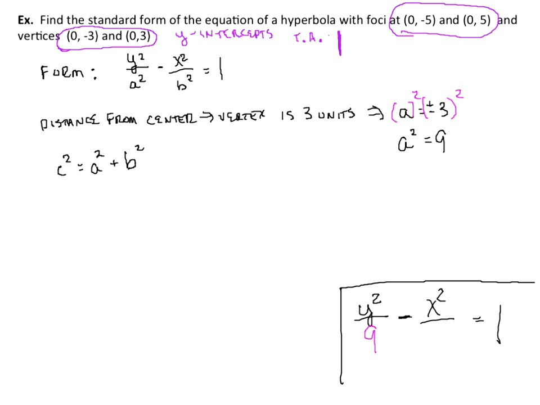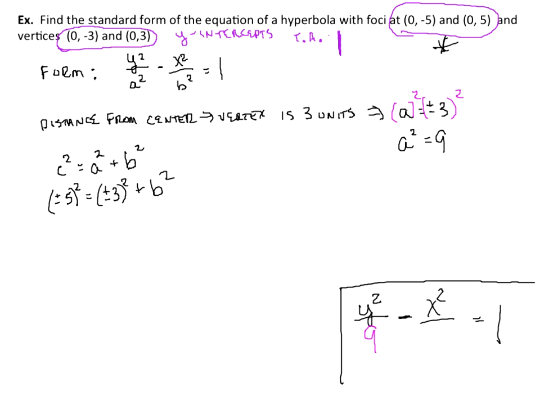Once again, that rectangle makes sense once we start talking about graphing it. All right, so we can get a c squared value because we know where our foci live. So our foci are 5 units in both directions, so this is positive or negative 5 squared equals positive or negative 3 squared plus b squared.